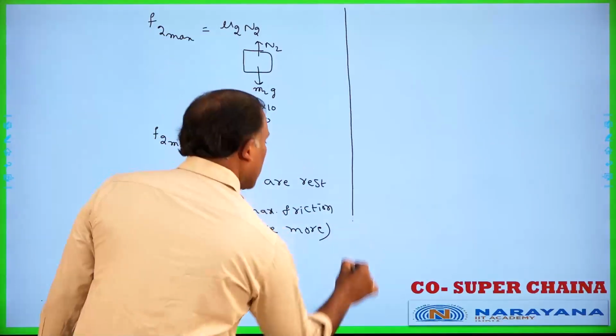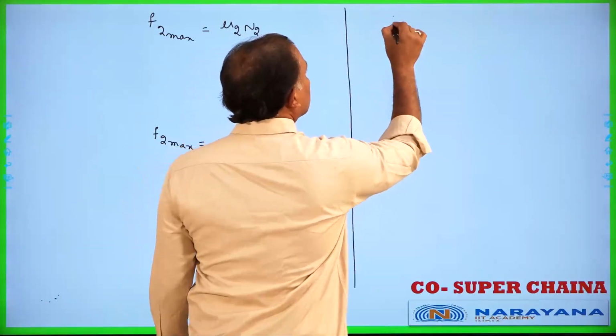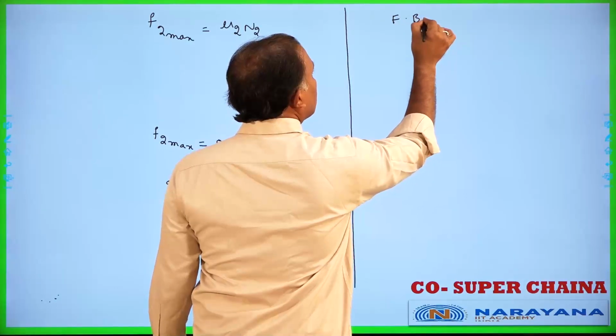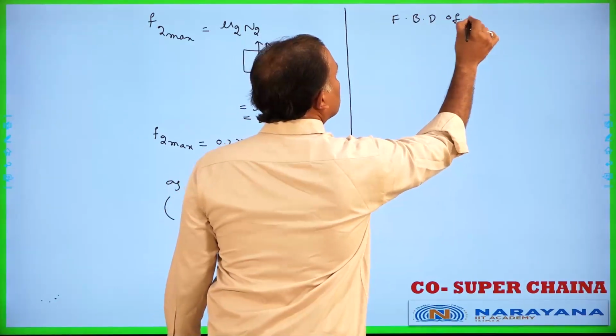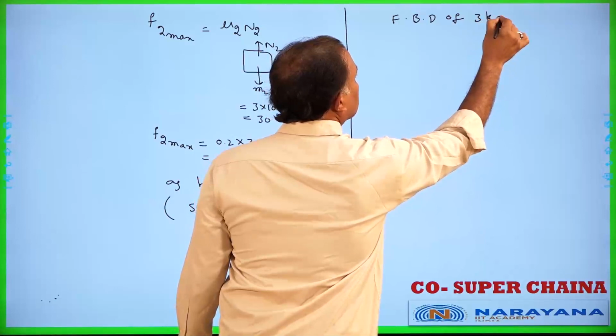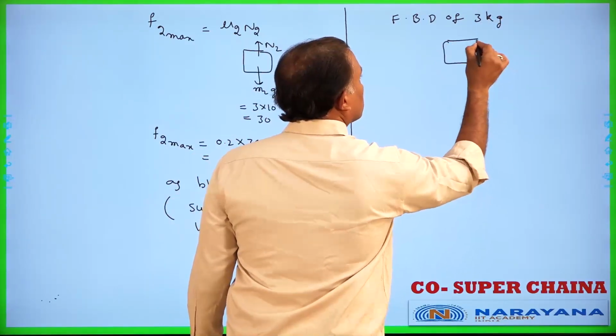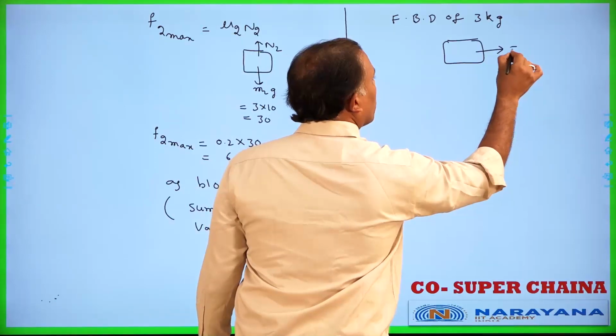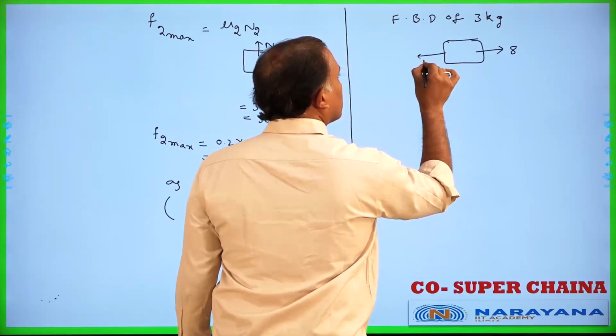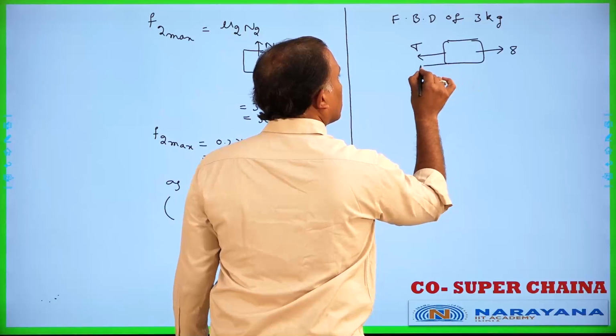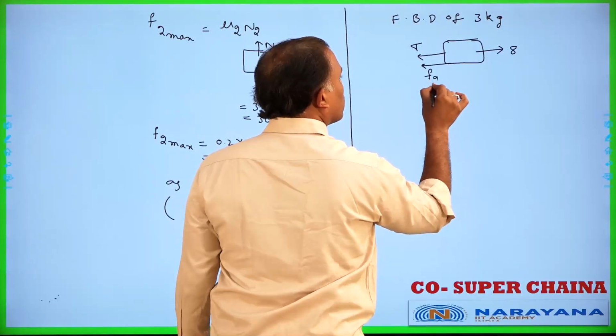Now I want the FBD of the 3 kg block. This side 8 Newton applied, this side tension in the string and this side friction F2.